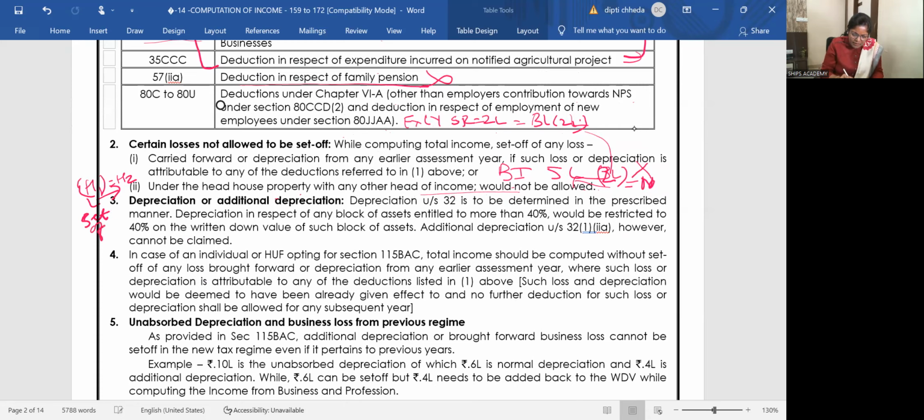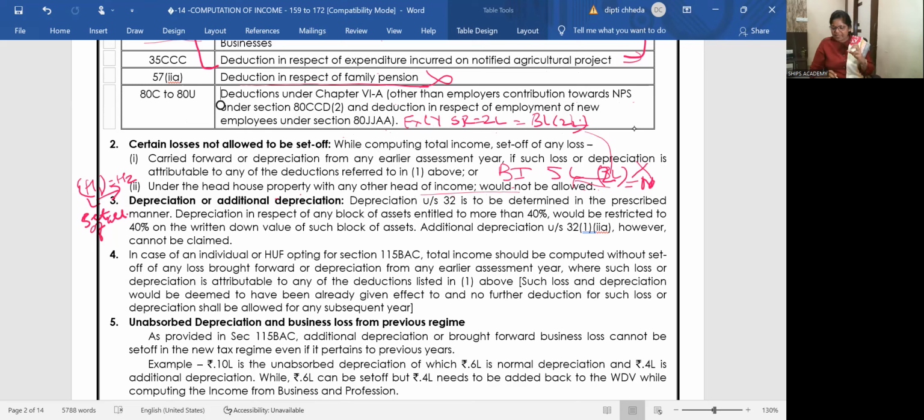Write it down, set off allowed, absolutely allowed. Mutually H1, H2 allowed, but you cannot set off house property loss with other heads of income. You cannot set off business loss related to scientific research and 35AD here.